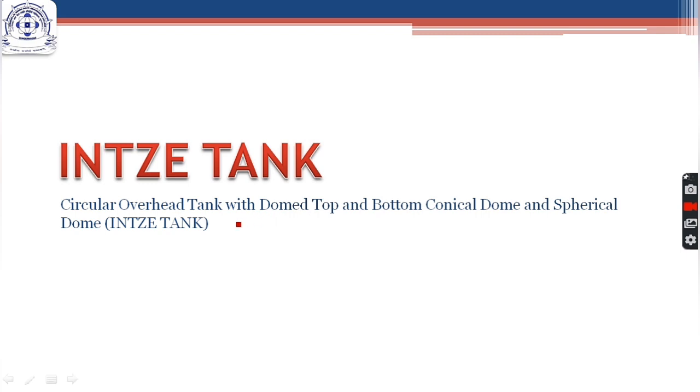I am taking INS tank only because it is basically a combination of all other types of tanks, because it has the maximum number of components, and moreover the function of all these tanks is the same, just the base is different for different types of tanks. So we will learn the design of INS tank in the coming slides.